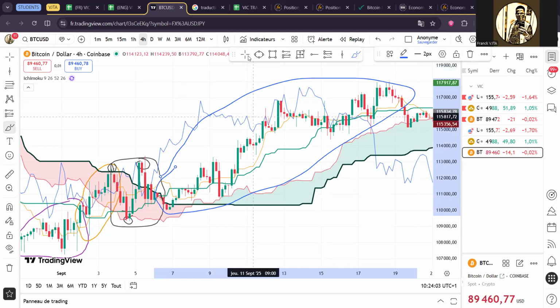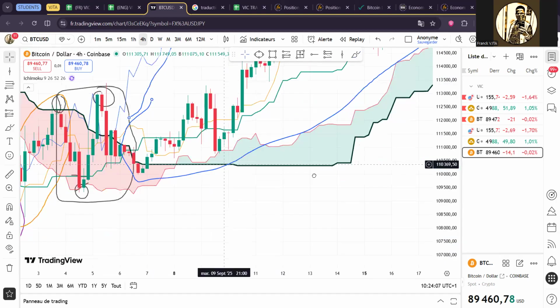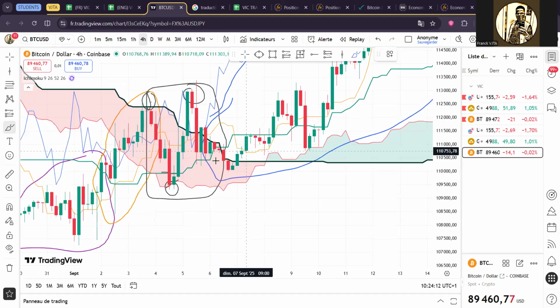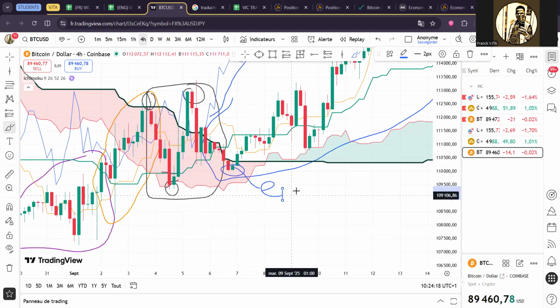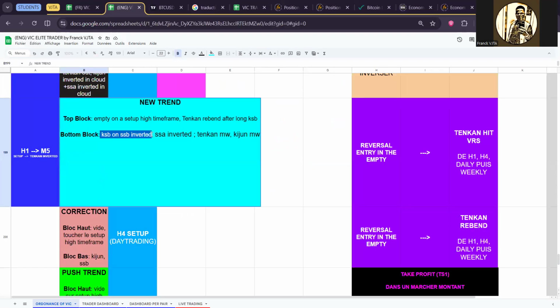The bottom of this new trend started with the inverted SSB entry here, entry number one, inverted SSB, right? The bottom point. KSB inverted SSB. That's it.